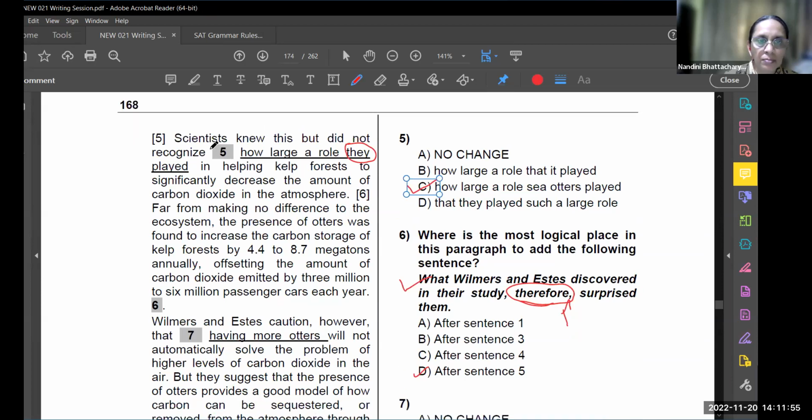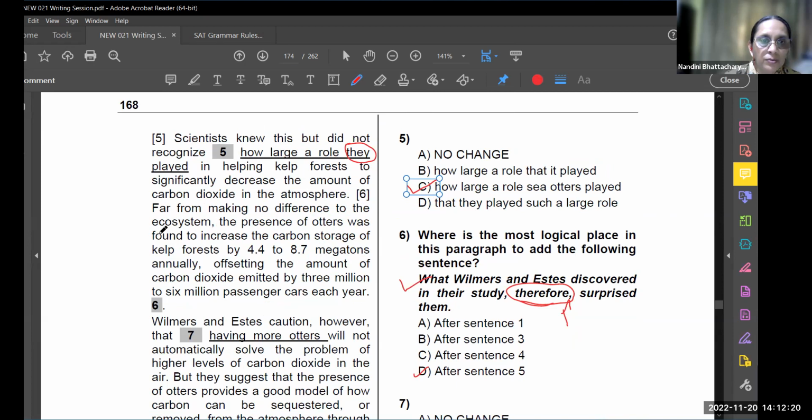So what is the entire paragraph talking about? Can you tell me? The points in the paragraph were, the first one is they didn't realize how large a role the otters played in keeping the kelp forest to significantly decrease the amount of carbon dioxide.